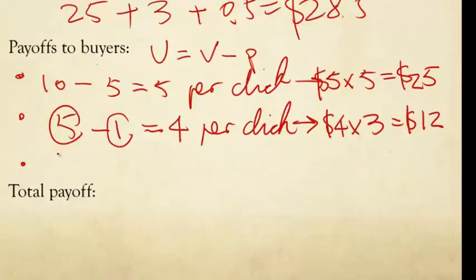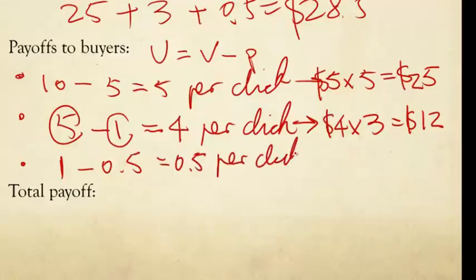Finally, the third one, your valuation for the third ad space that you received is 1, and the price you pay is the minimum. So the payoff is $0.50 per click, which translates into $0.50 per click times 1 click per hour, which is $0.50 per hour.